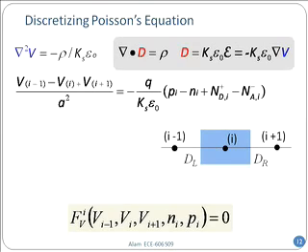In general, if you wanted to write this whole equation in some compact form, you could say that the Poisson equation essentially is a function of three potentials at three neighboring node points and the carrier concentration at that node point. So this is just writing the previous equation in a compact form, essentially looking at the functional dependence. Okay, so I have one equation.